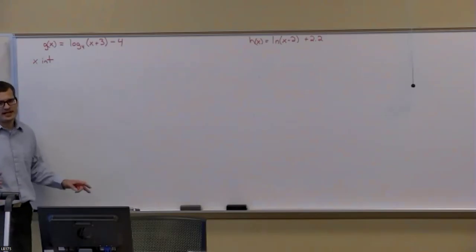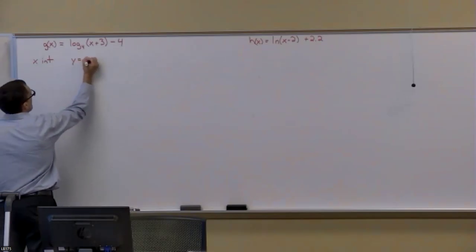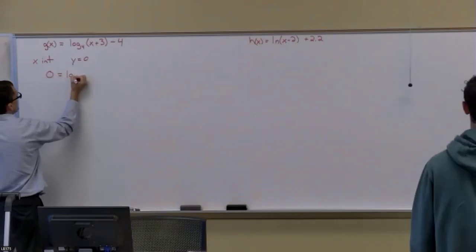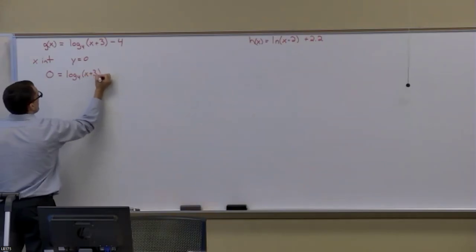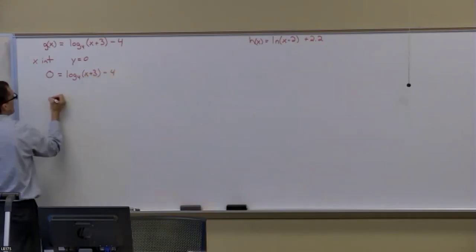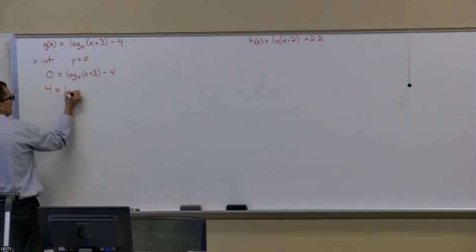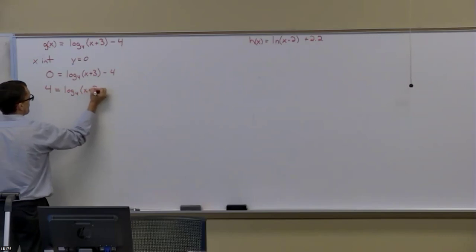We know there's going to be an x-intercept, so I'll start with that. X-intercept, as always, we plug in the y value of 0 and then solve this equation. Adding 4 to both sides gives me 4 is equal to log base 4 of x plus 3.